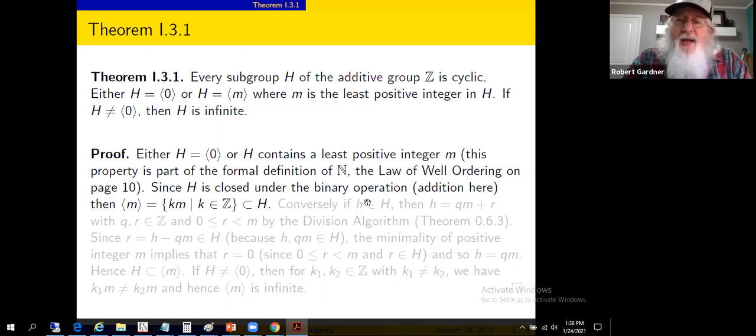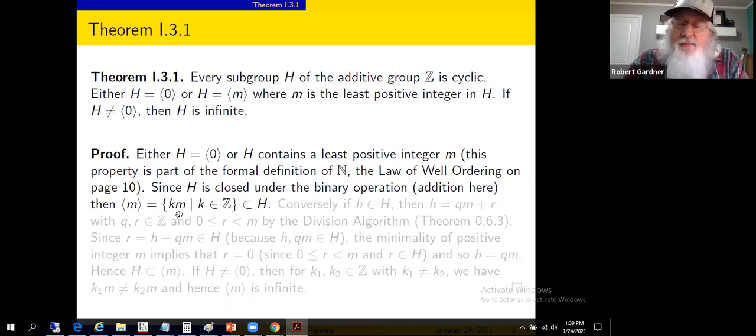H is closed under the binary operation. The binary operation is addition here, by the way. So the group generated by m would simply be all integer multiples of m. Granted, multiplication is not a thing that you do in an additive group, but I'm appealing to your knowledge of the integers on this.